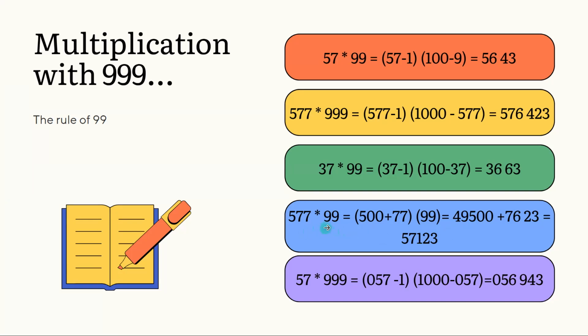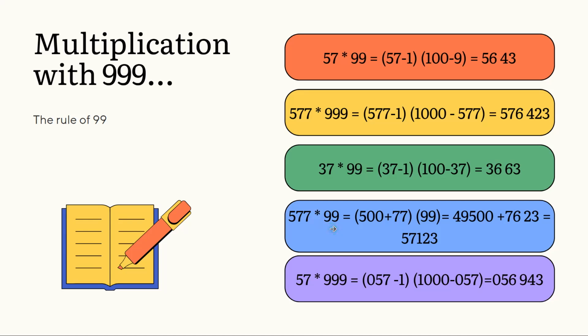So 577 into 99, here the number of digits is more, and that is why you are splitting it into two numbers where the number of digits will be similar to 99. So that is the way around that, right? So you are taking a specific situation, and from that specific situation you are making it applicable to all generic situations, so that you can do the calculation when 99 is one of the multiples, right?